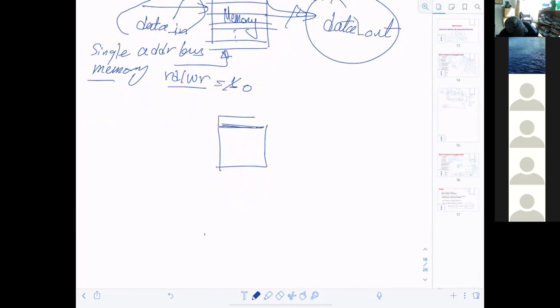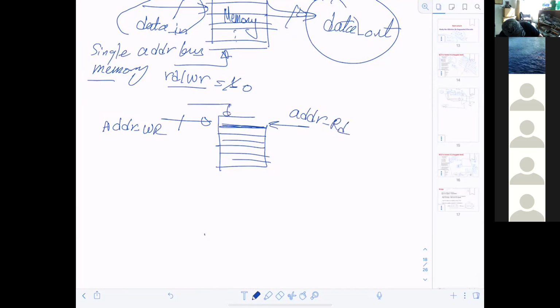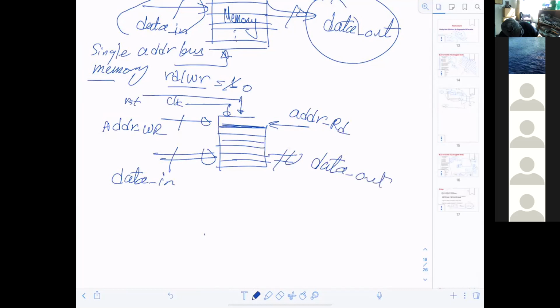Now there is a different memory, which is more fancy, and more hardware resources will be used for sure. Here is my memory, and here is the address, address read, clock, reset, data in, and data out.